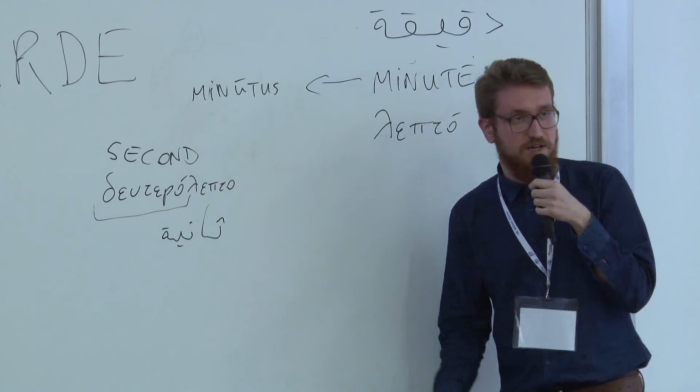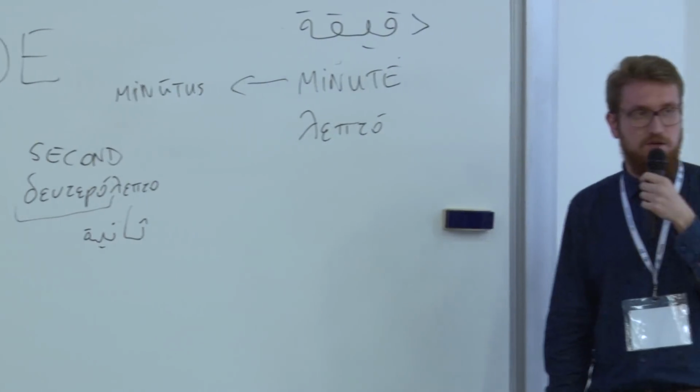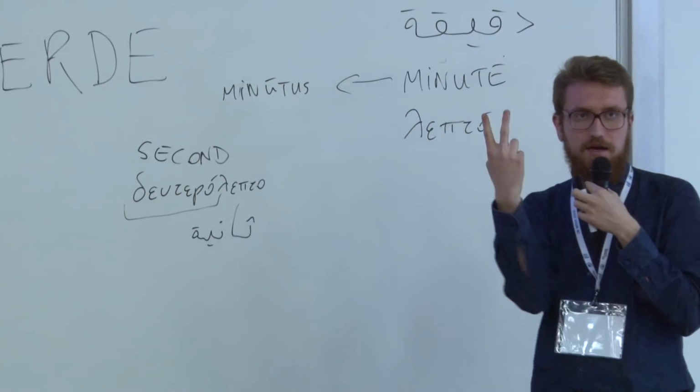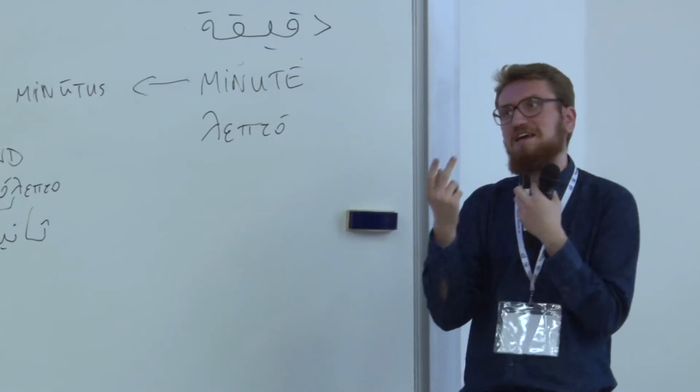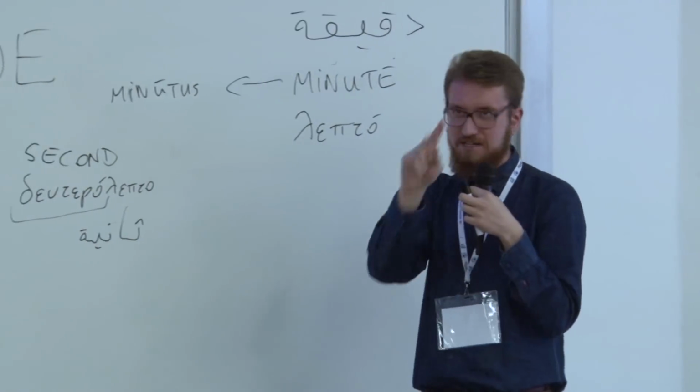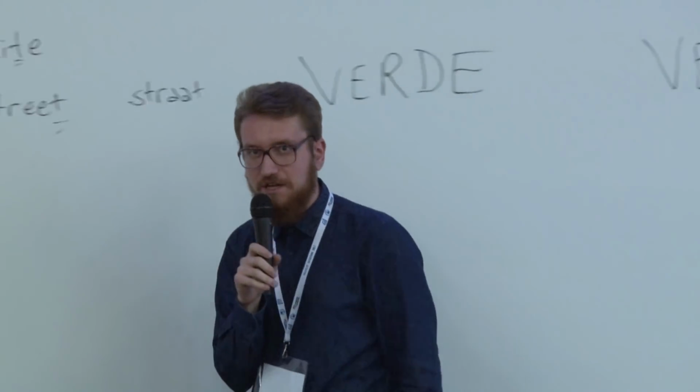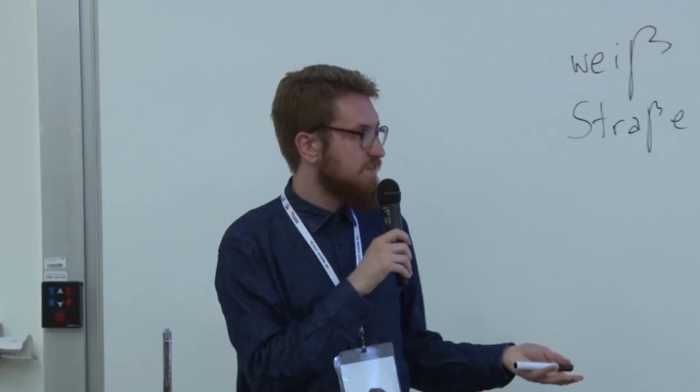So you can draw that kind of analogy also, basing on the etymology of the words. In English, this word second means second, something lesser than a minute. But in multiple languages, it doesn't mean the same.